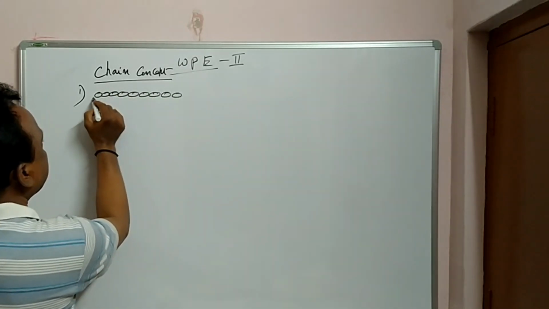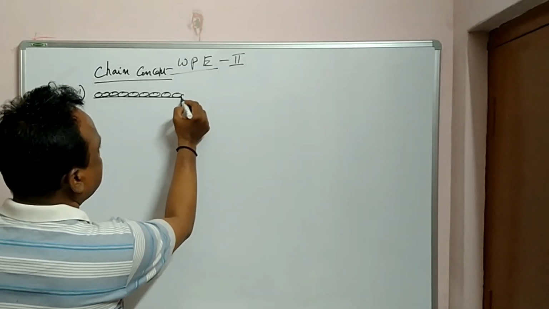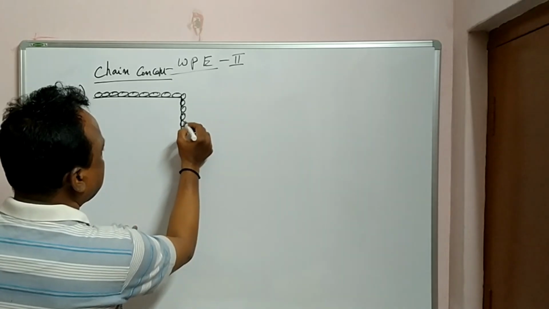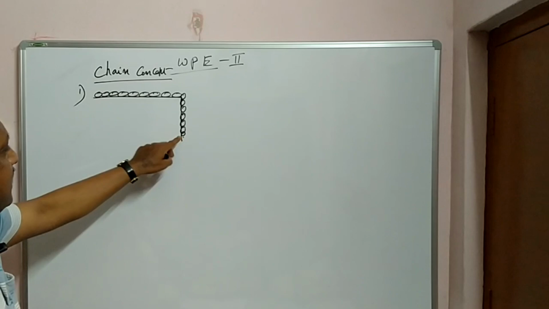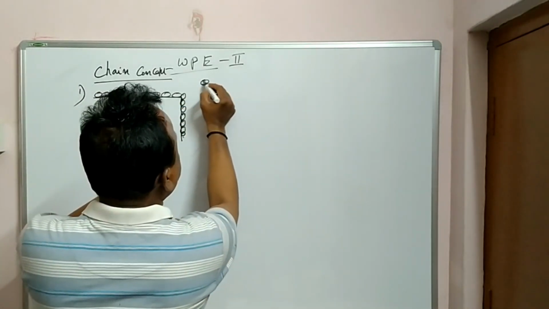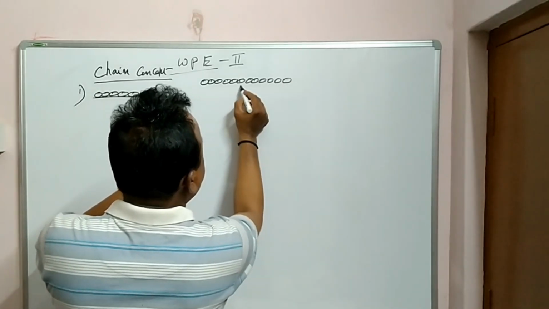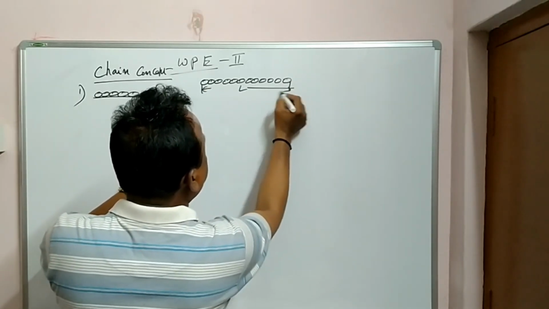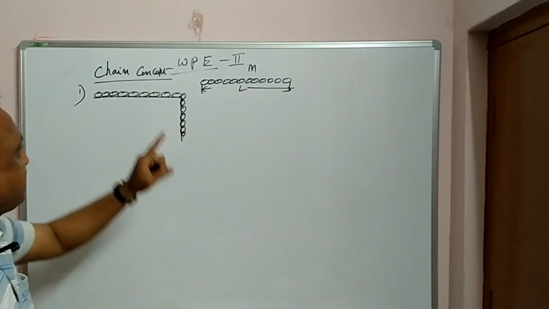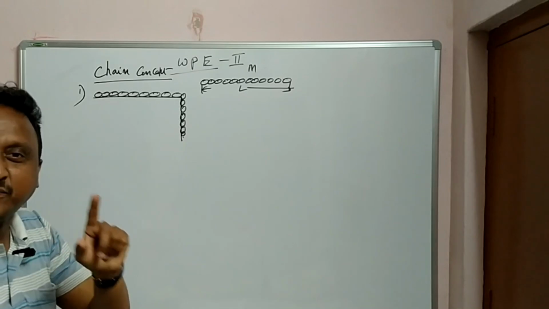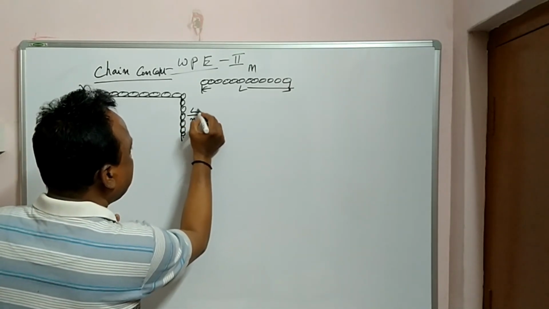See here. This is a table. On this table, you can see L is the length of the chain, capital L, and M is the mass of the chain, the complete chain. Now what you'll be told in the first case of chain concept is that 1 by nth part of the chain is hanging. 1 by nth, and the total length is L, so it is L by n.